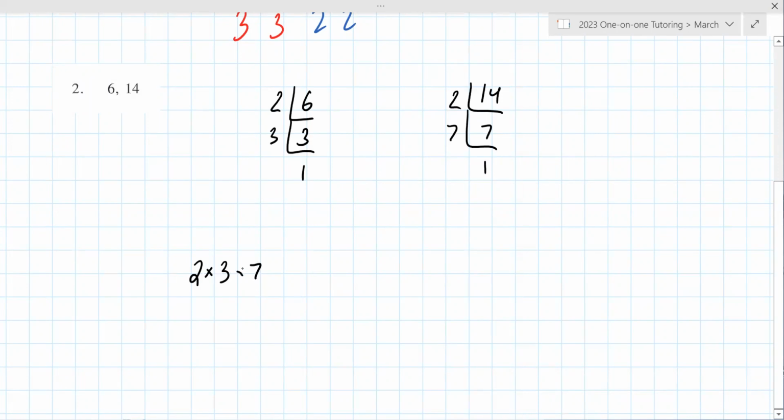So you multiply 2 times 3 times 7, which is 42. So you basically start with 1, and then you start adding to it based on what the other one has that the other one does not have. Is that okay?